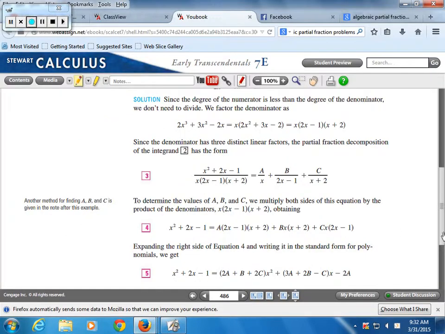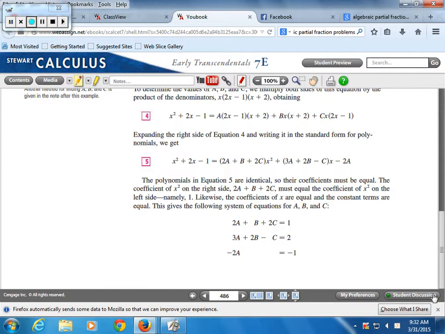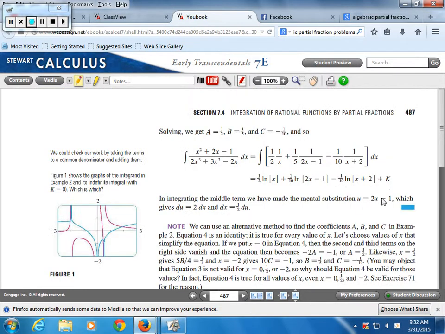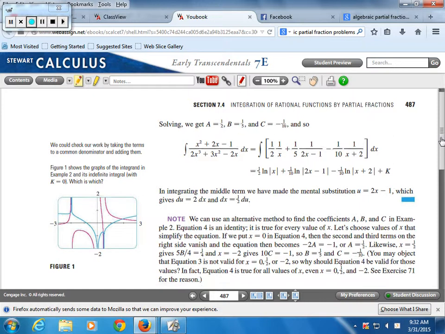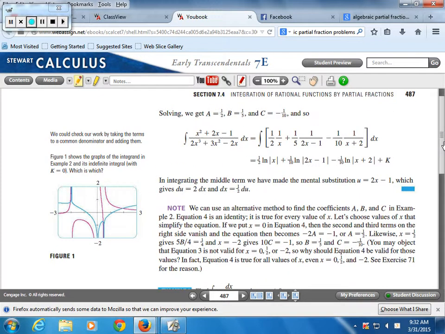Oh, it goes on to the next page. I think it's right in here, yeah. So it's kind of hard to mess this one up, isn't it?